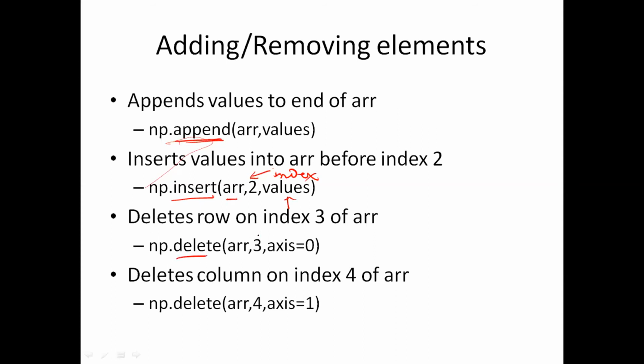Delete will take the index and then delete the element at that position, rearranging the array. And the axis parameter will take into account whether you want to delete based on row or column.